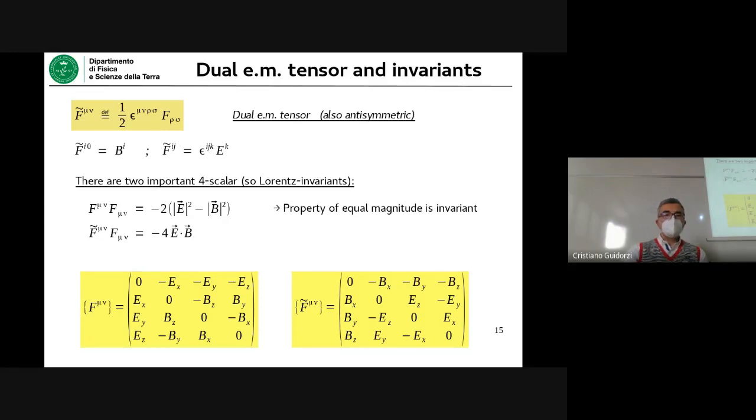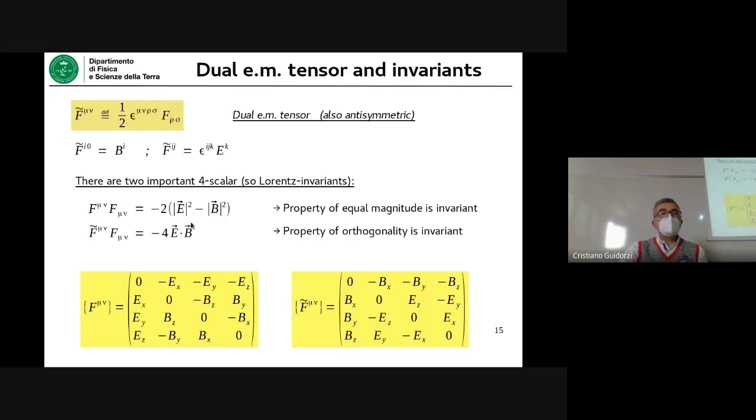If you multiply the corresponding components, not exactly this one, you have to consider the covariant way, you immediately see that you get a number of mixed scalar products between the two fields. And indeed, it's straightforward to check that the result is -4 times the scalar product between the two fields. Again, this is Lorentz invariant.